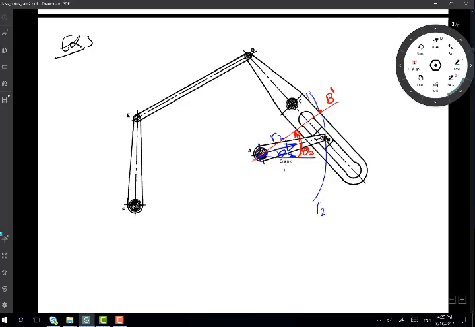Now, B was here, now it is actually here, right? Where is the rest of that linkage? Well, if you think about it, you'll find that all the time, point B, which is the end of the crank, and the pivot of this link here, are always aligned.